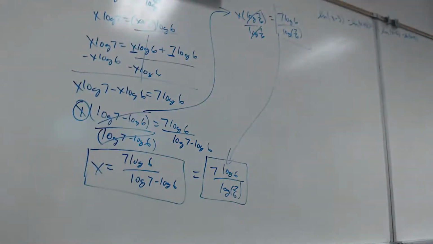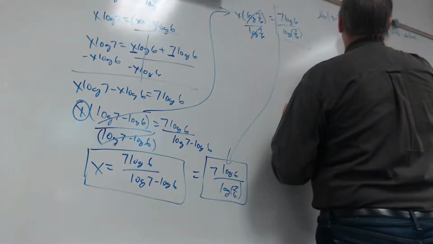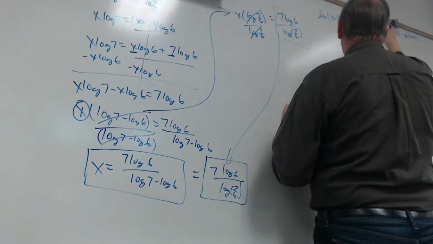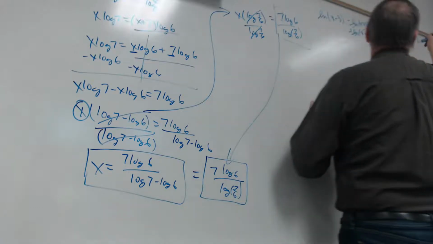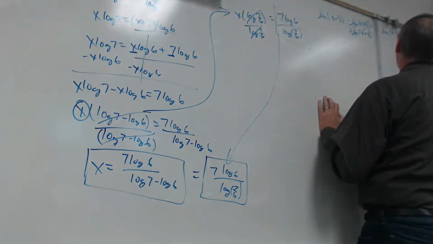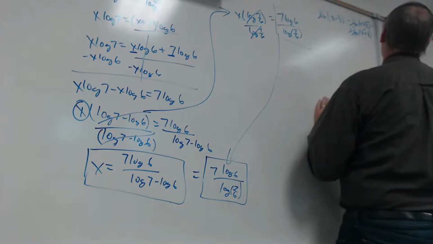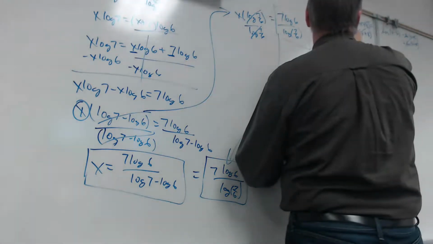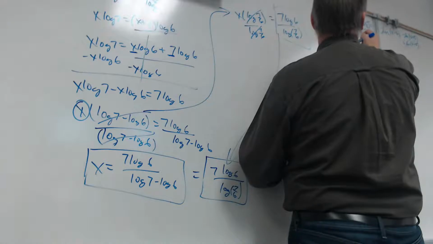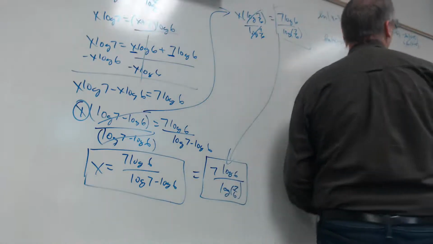Okay? So what do you think? Would you be able to add the ln of x plus 8 to each side? If we add the ln of x plus 8, that's going to go away. And now I'm left with the ln of x minus 3 equals the ln of x minus 6.